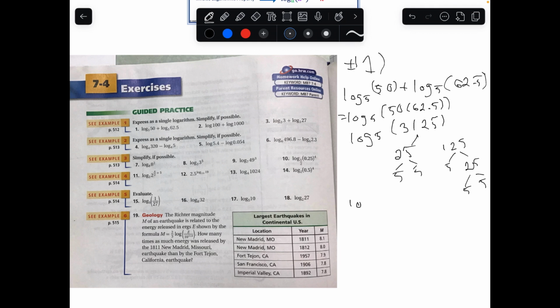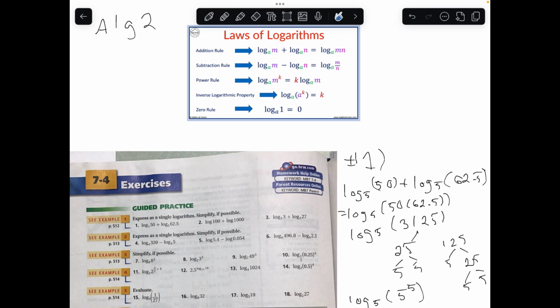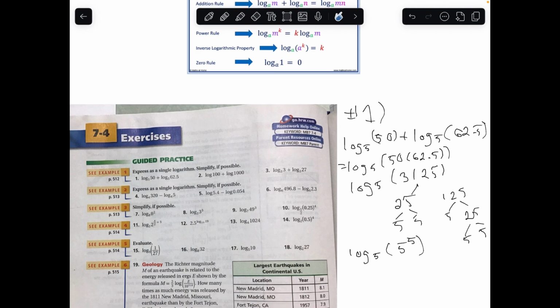So I say, okay, log base 5 of 5 to the 5. Now, if you remember the rule we had up here, anytime I have a log base 5 with the same base of 5, all I am left with is the exponent.